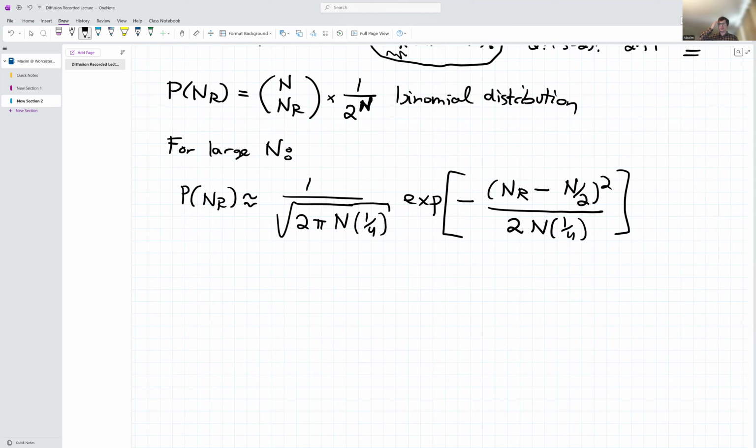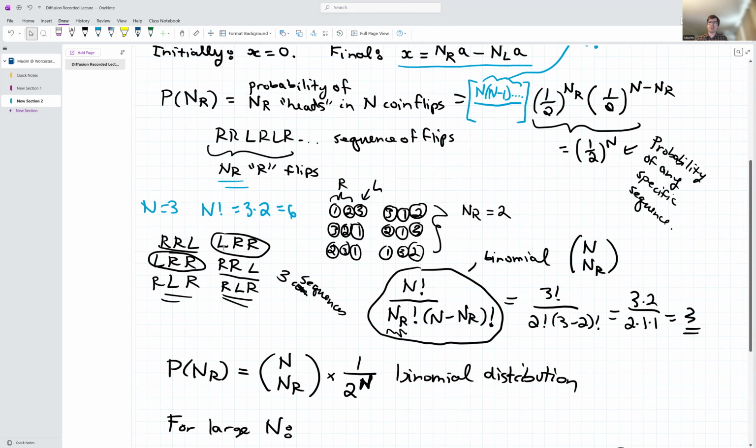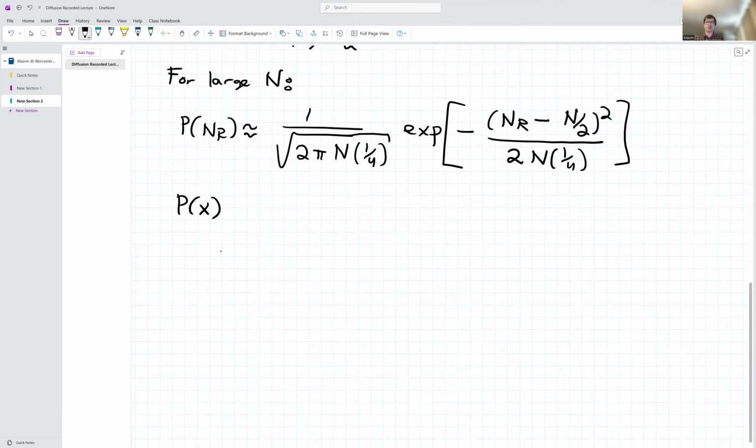Now we're going to rewrite this in terms of the probability distribution for p of x, where x now is going to be the final location of the random walk. So we just need to replace n sub r.